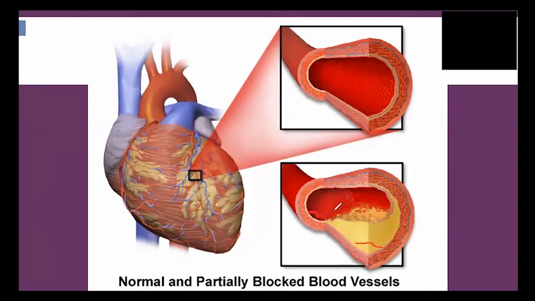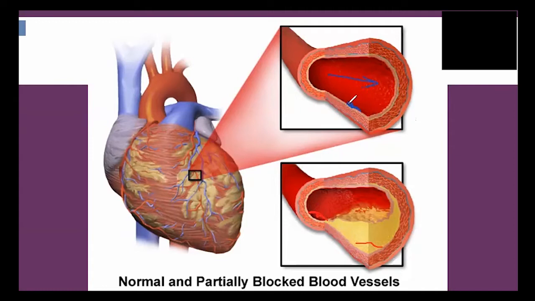Then your body thinks that the blood vessel is cut or damaged, so your body tries to fix it. Originally just a little bit of fat tissue attaches here, because fat or lipid is pretty sticky. It doesn't easily follow the blood flow. It easily attaches to the wall of the blood vessel.